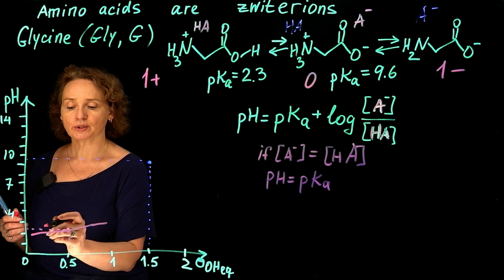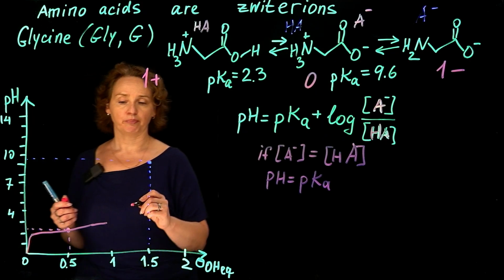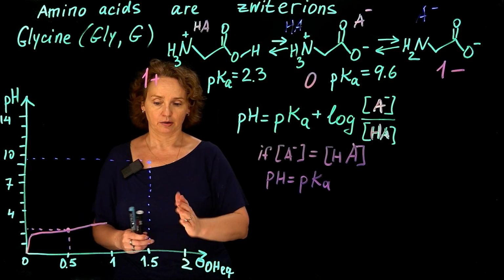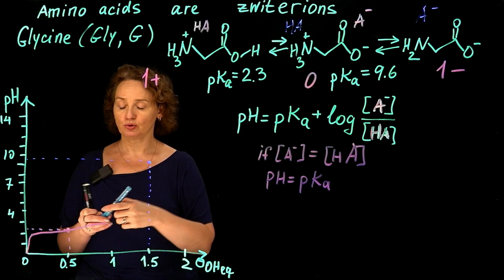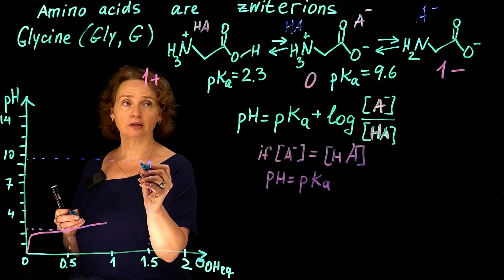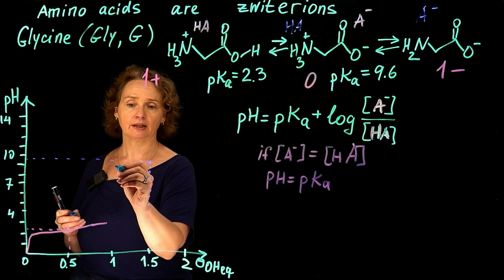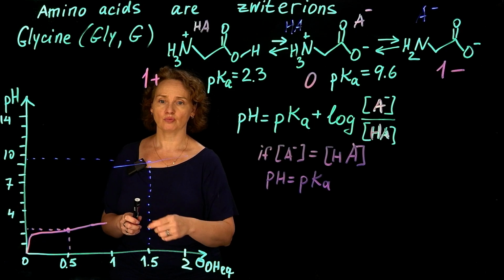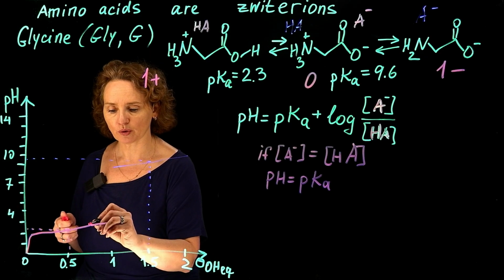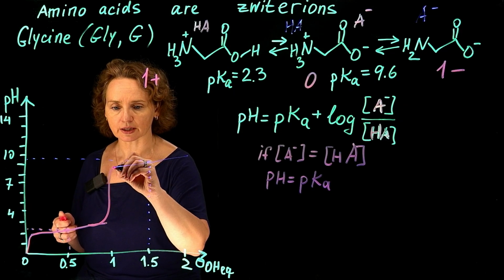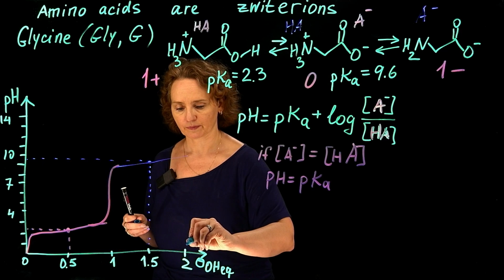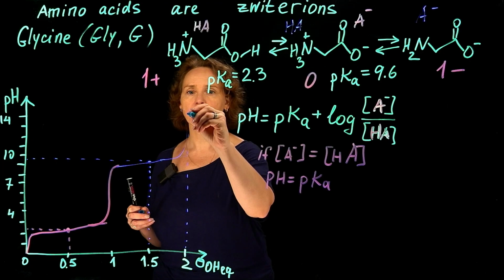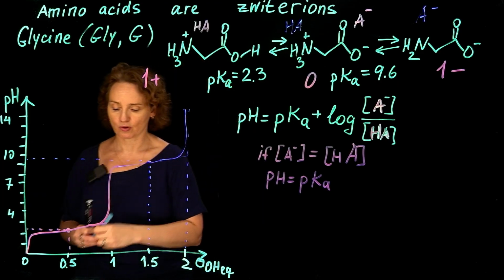But outside of that, the slope is pretty high. The same is true about the second pKa. So here, between 8.6 and 9.6, we have a slope that is about 0. And now we are connecting those things. So we have something like that. That's a titration curve for glycine.